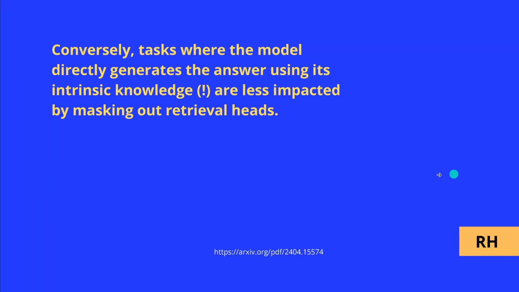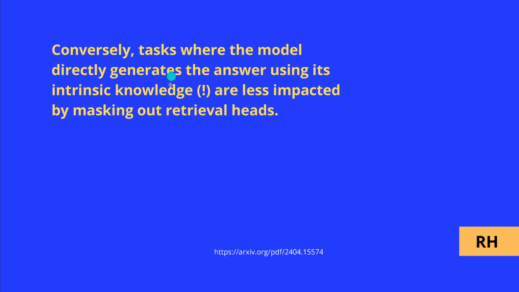Great. Now, on the other side, the authors tested if the model directly generates an answer to a given query using only its intrinsic knowledge. So no going out and saying, hey, I have to retrieve new knowledge. Is there somewhere a database? Can I augment it with data from another database and bring it back to my input prompt?